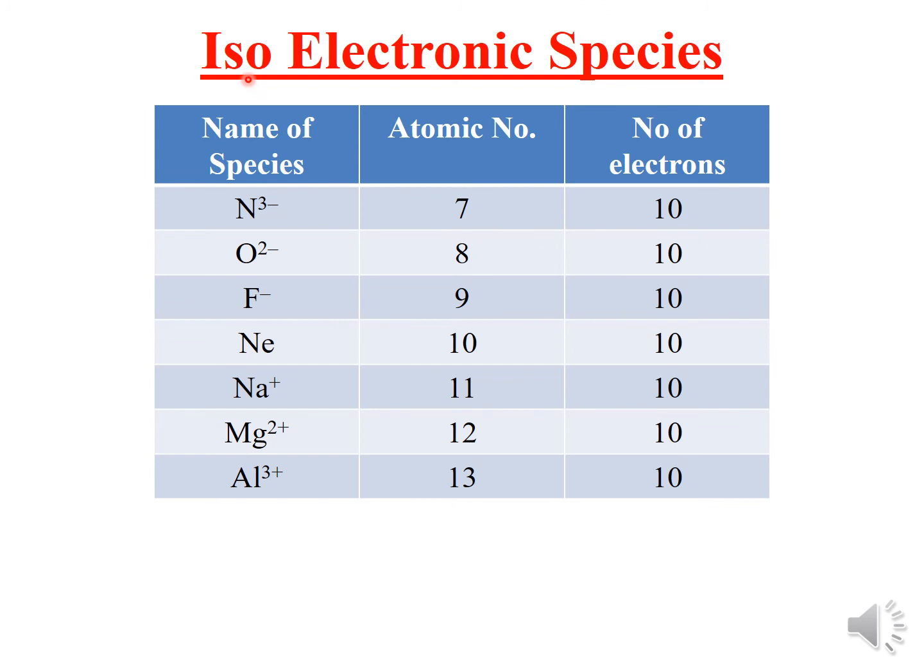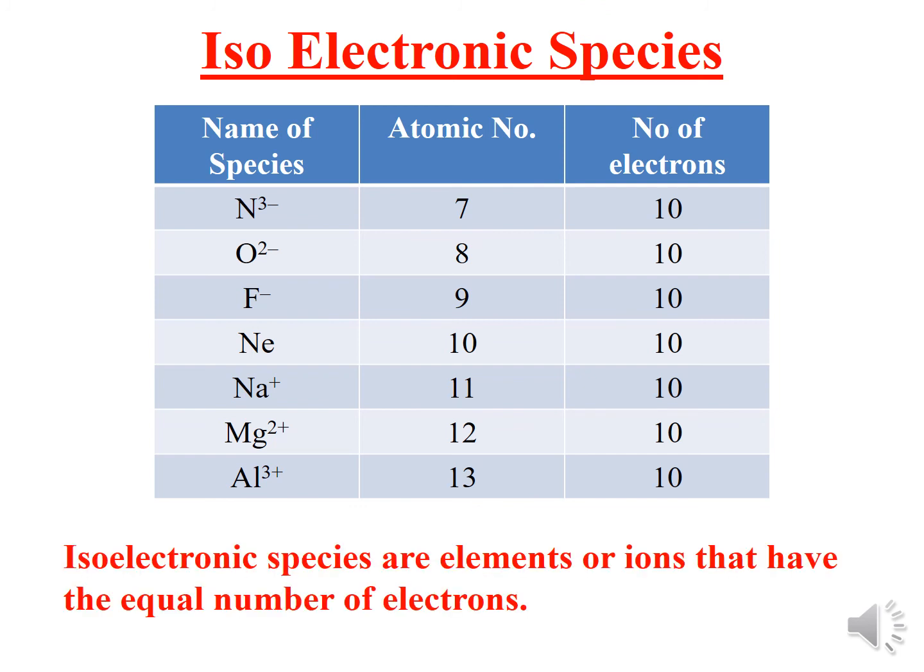So isoelectronic: iso means same, electronic means number of electrons. These are the elements or ions that have equal number of electrons. These are known as iso species. So isoelectronic species are those species which have equal number of electrons.